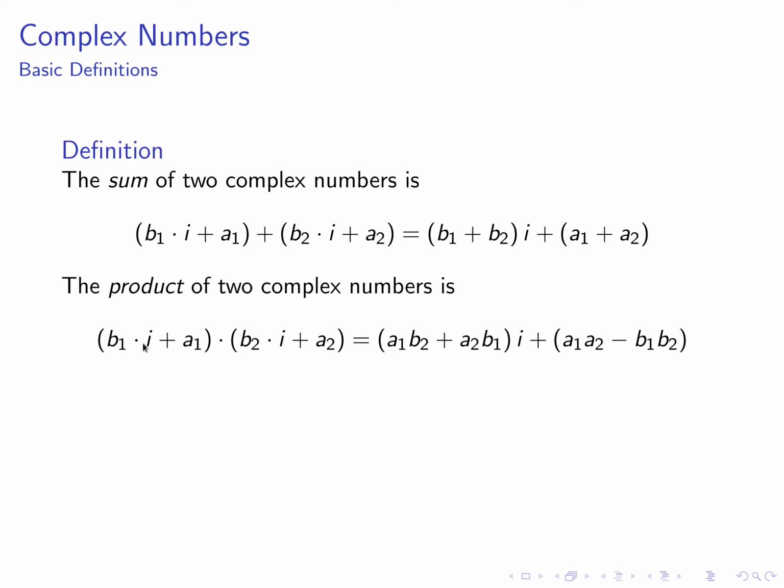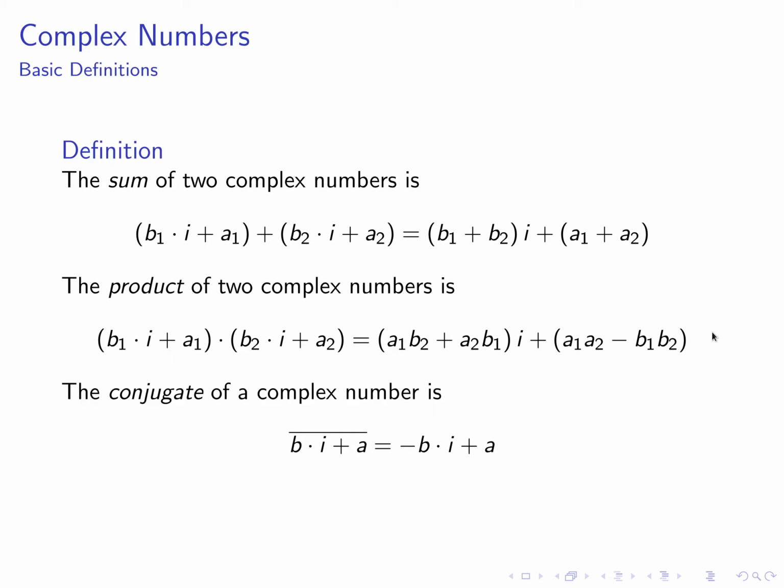So if we take b1 times i plus a1 and multiply by b2 times i plus a2, well, to multiply these numbers together, what we do is we multiply everything out term by term, and we use the property that i squared is -1, and we end up with an expression where the new imaginary part is a1 b2 plus a2 b1, and then the new real part after multiplying is a1 a2 minus b1 b2. So this is a good exercise, proving this formula to convince yourself that you understand how to do some of the basic manipulations of complex numbers.